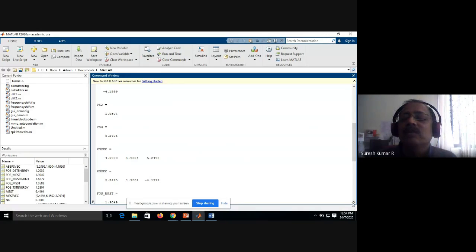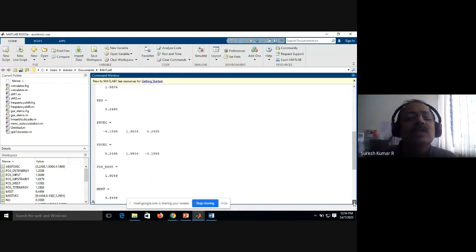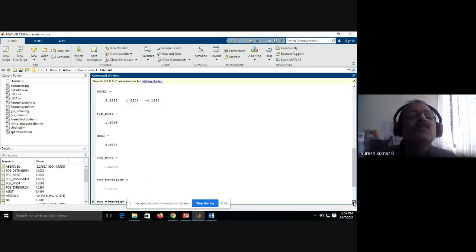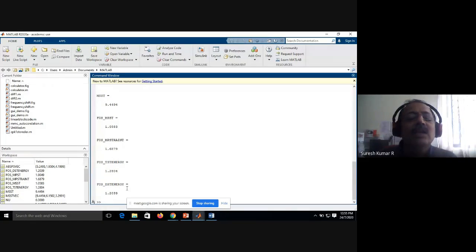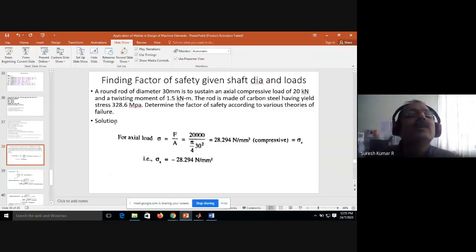We get sigma 1, sigma 2, and sigma 3, and the same values of factor of safety according to maximum principal stress theory, maximum shear stress theory, maximum principal strain theory, total strain energy theory, and distortion strain energy theory. Exactly the same values we get as we calculated by the conventional method.